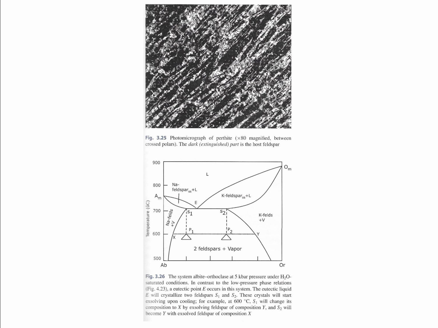That means before we had a melt with the chemical composition of one feldspar. We are cooling it down, and then we are forming perthitic exsolution lamellas in a feldspar.